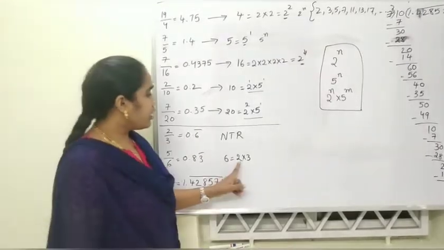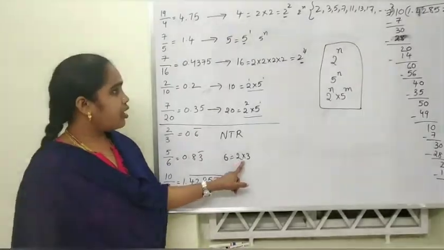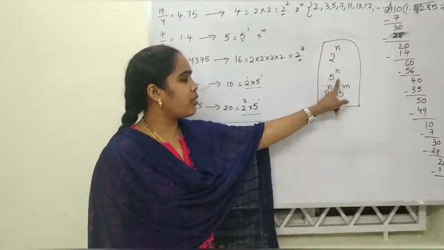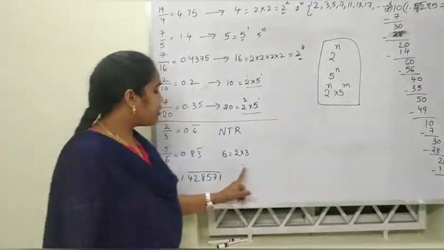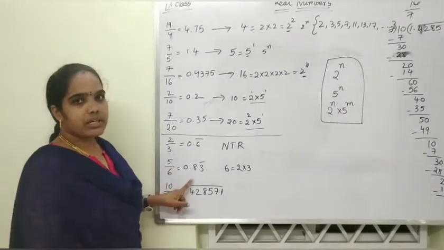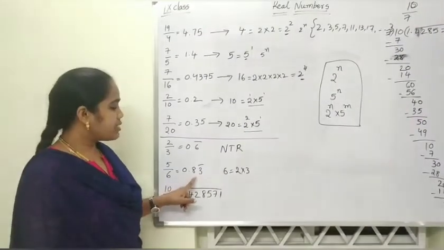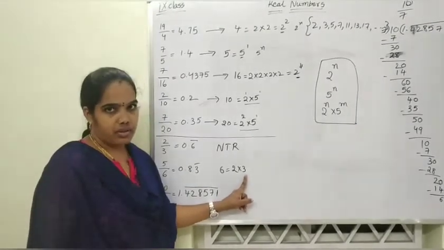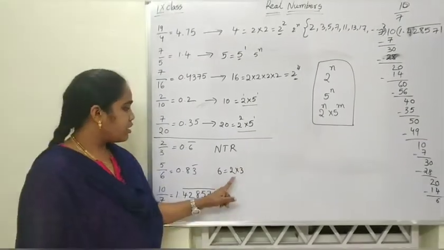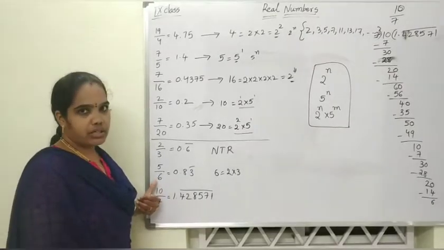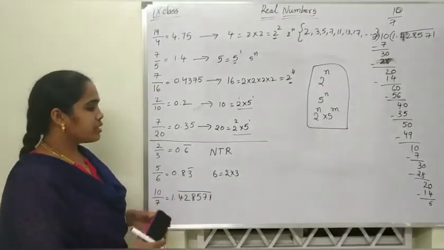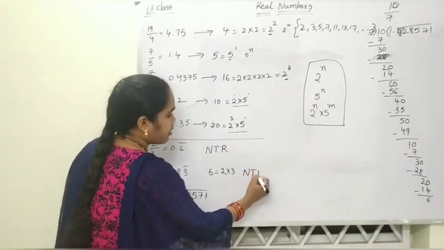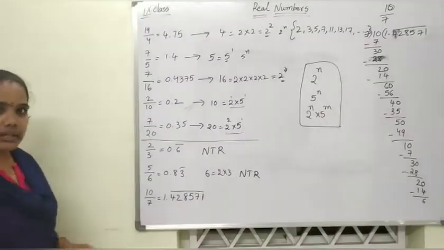Only if you see 2 power n form or 5 power n form or this combined form, then we can say that it is terminating decimal. But here 3 is there, not 5. Other than those forms, if you observe the denominator, then we can say that it is NTR, non-terminating recurring decimal.